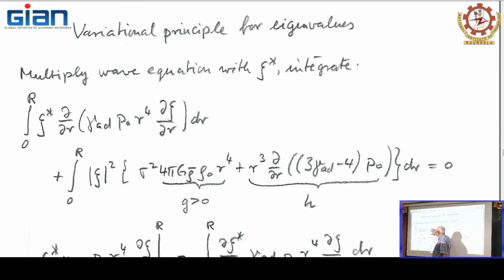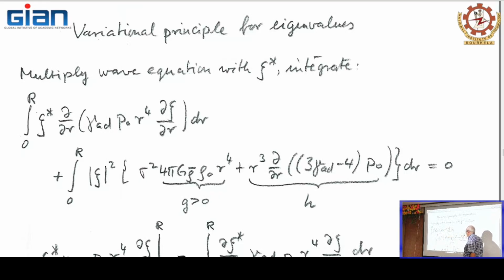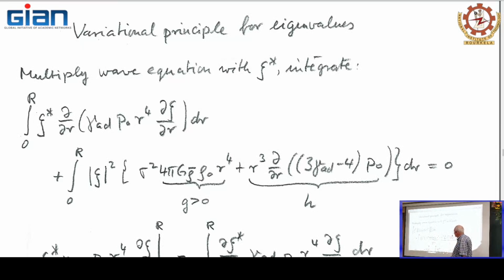This is the differential operator of the linear adiabatic wave equation multiplied with zeta star, the complex conjugate of zeta, and these are the remaining terms which go with zeta. So this is the modulus of zeta squared times the remaining functions, which is sigma squared times the function g and the function h.